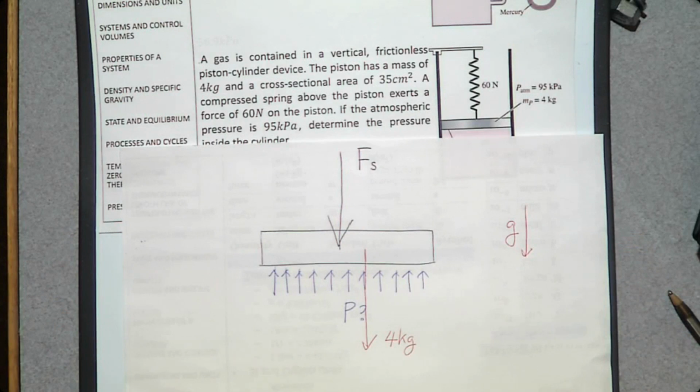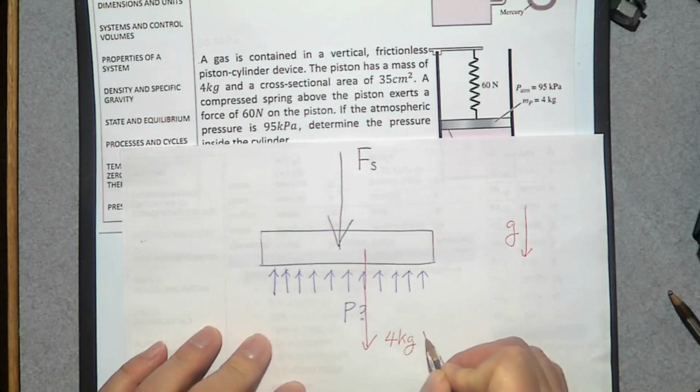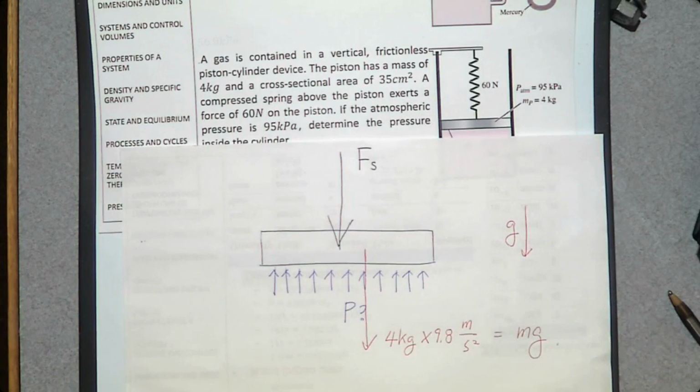Mass is not a force. So if you want to determine the force by this mass, you need to multiply by what? Force is mass times acceleration. What kind of acceleration here? Gravity, right. So it's going to be mass times gravity, 9.8 meters per second squared. So mg is the weight.